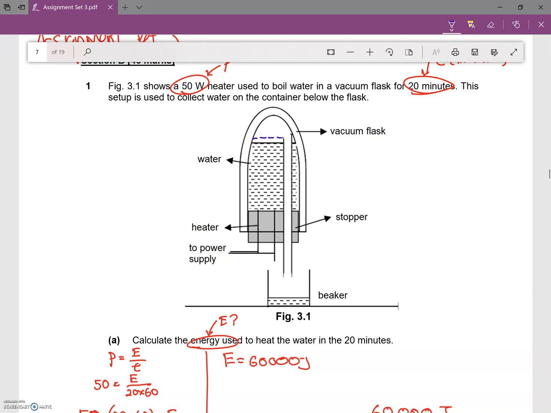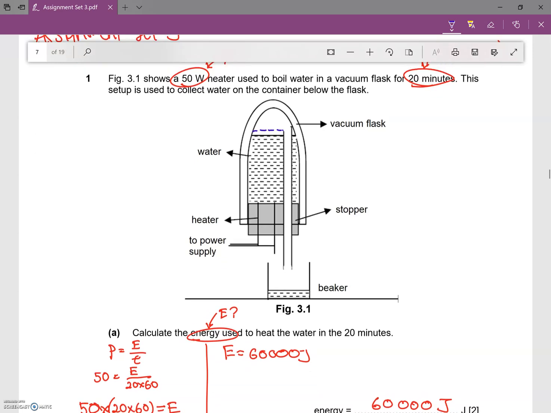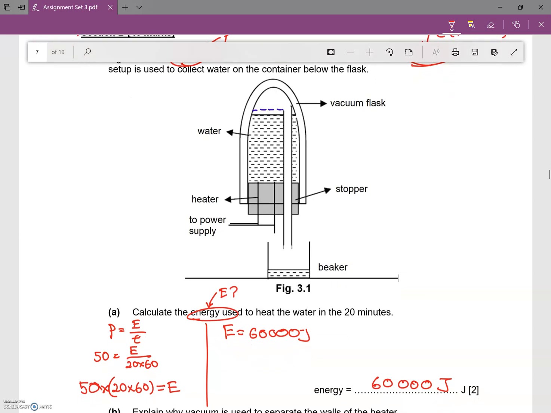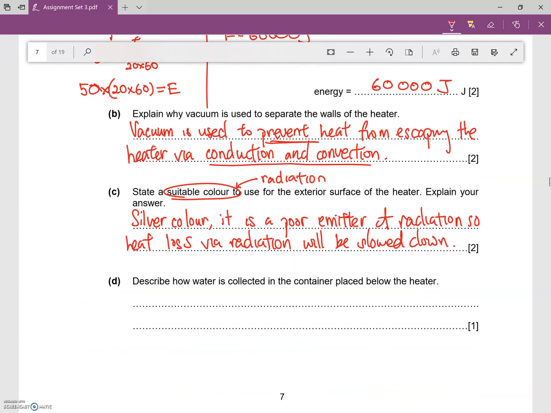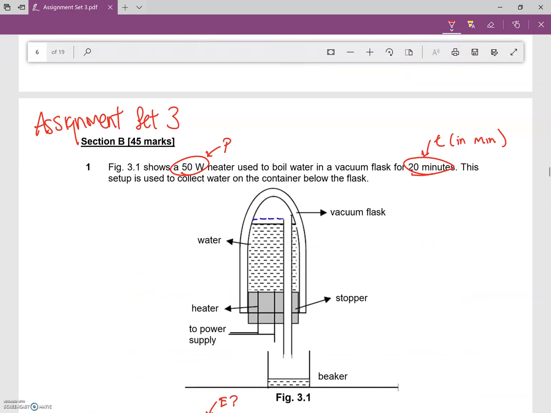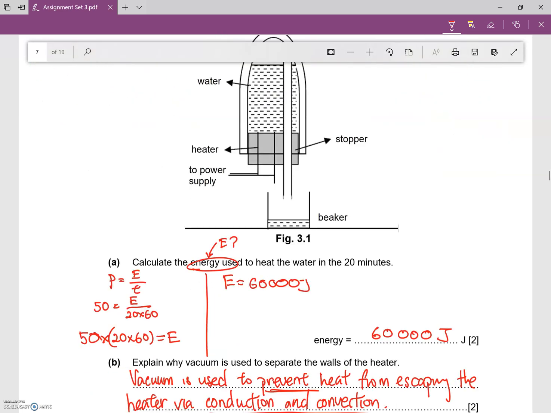Why would the water overflow? When you heat up a substance, it expands. So my best guess is that as you heat the water up, the water will expand, and because it expands, it goes beyond the maximum capacity and flows out.